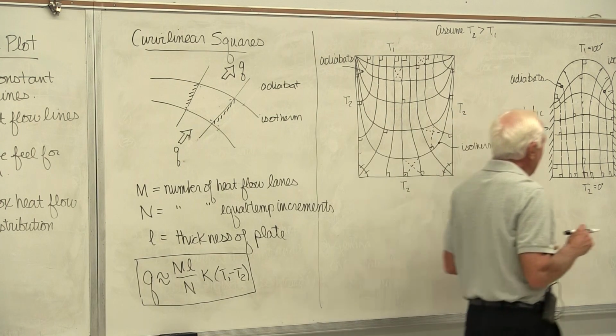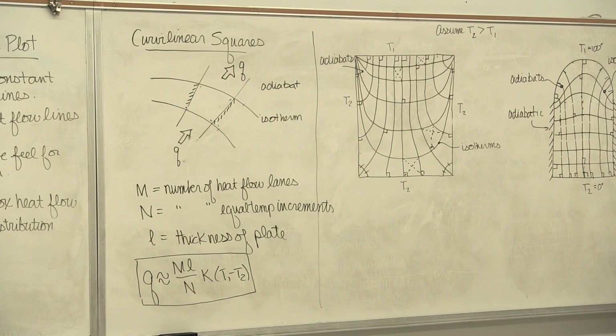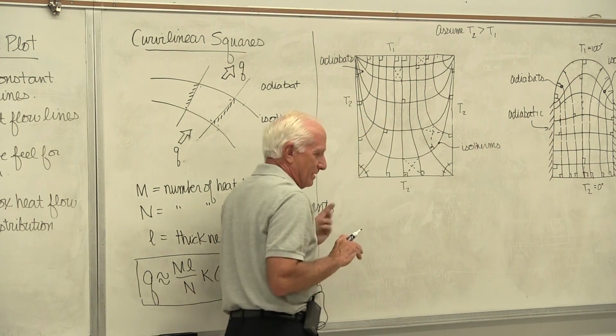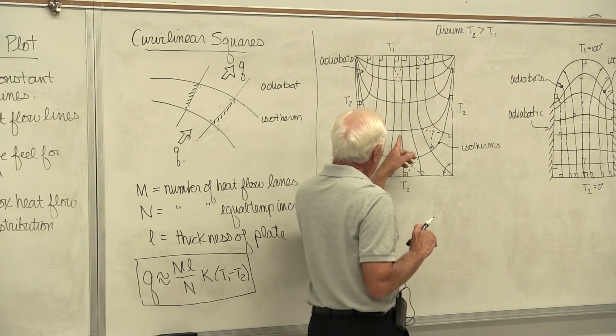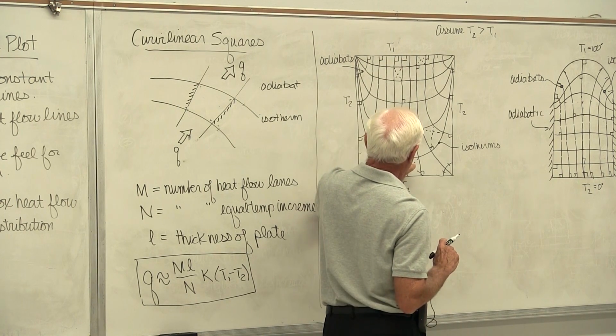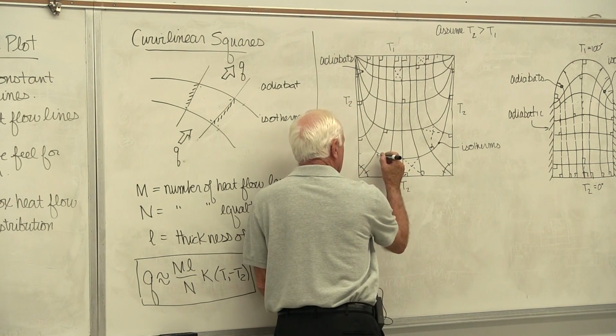So if you make your heat flux plot with curvilinear squares, that's how you can get an approximate heat flow from hot to cold. Now, this wouldn't be very good. So what I would do is I'd get out my big fat eraser and erase these two lines here. Those are pretty good up here. That's not bad down here. Look at this one right here.